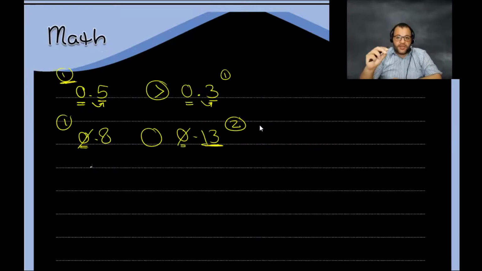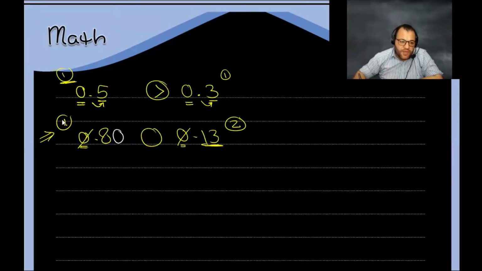To compare, they must have the same number of digits. So how can we make the 1-digit number a 2-digit number? What number, if I add it to the decimal, doesn't change anything? It is 0. If you add 0 at the right of the decimal, the number stays the same. Is that right? Yes. So can you compare now?